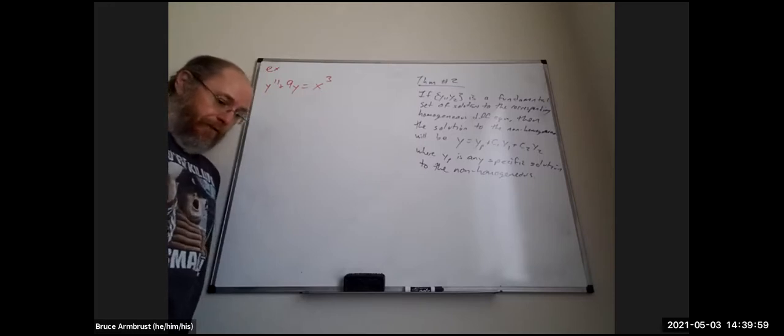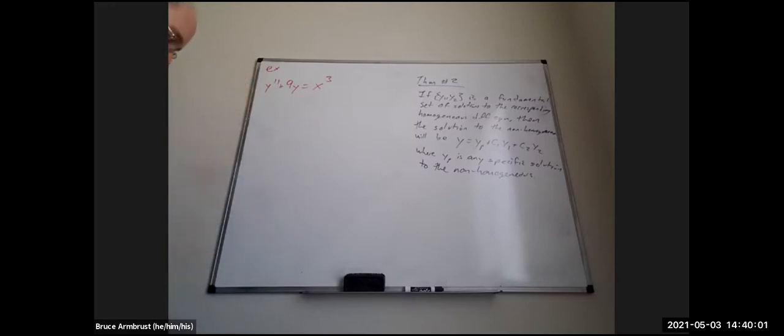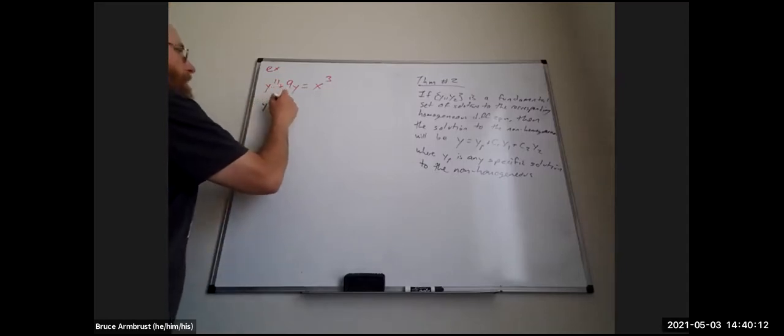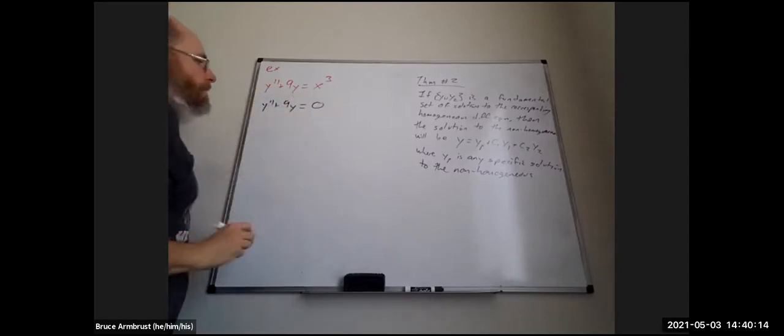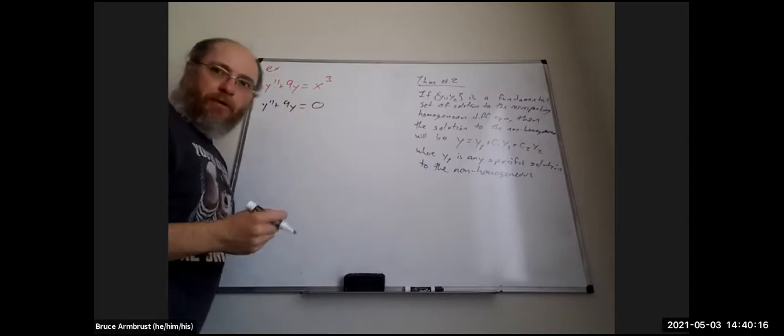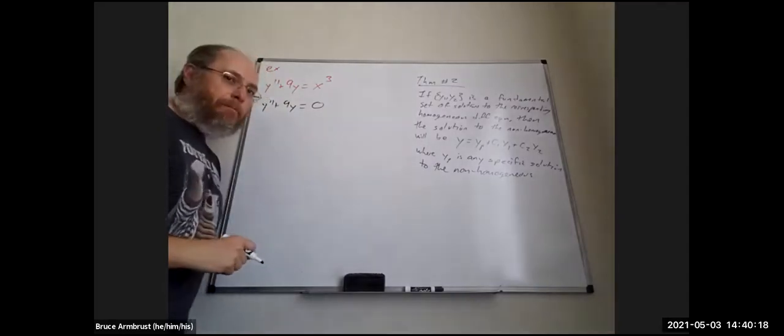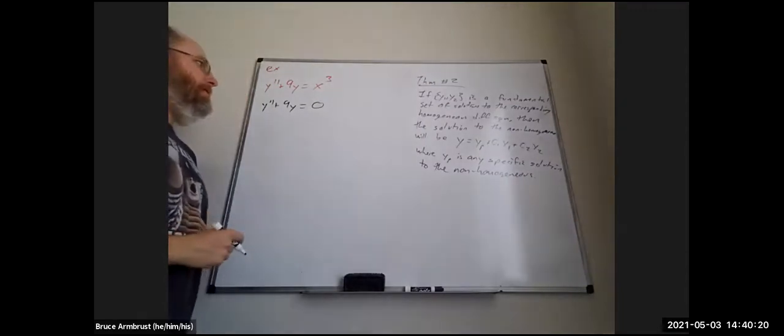It's slightly different. So here's what we're going to do first. We're going to start by solving the homogeneous. So let's look at y double prime plus 9y equals 0. We're going to look at that corresponding homogeneous differential equation.